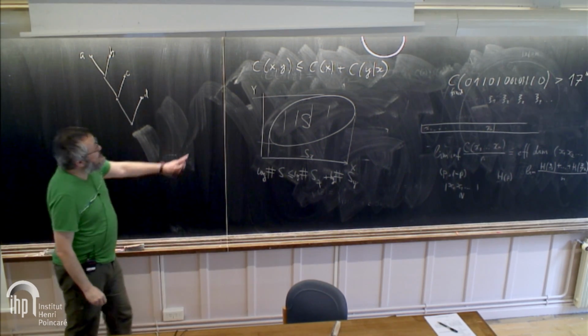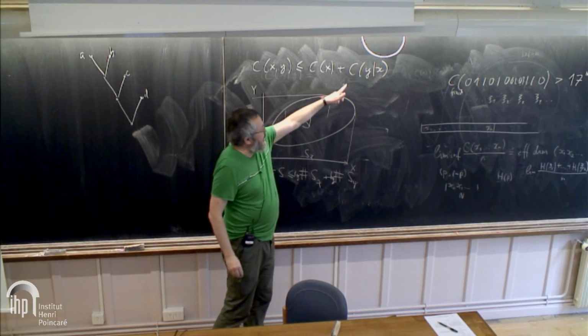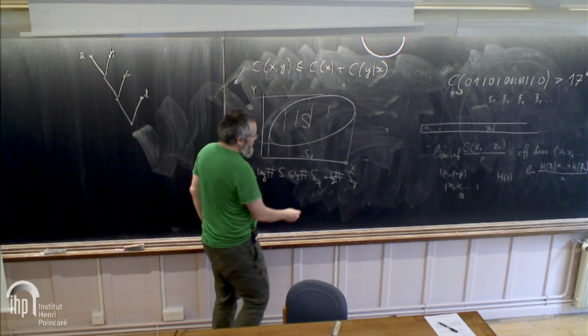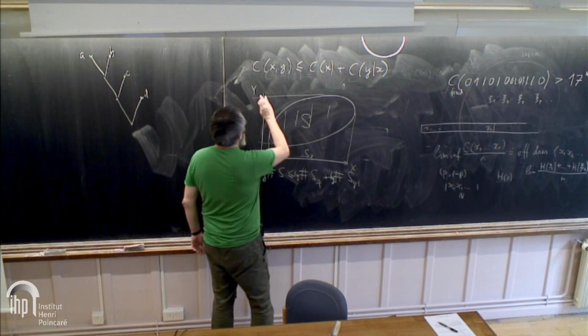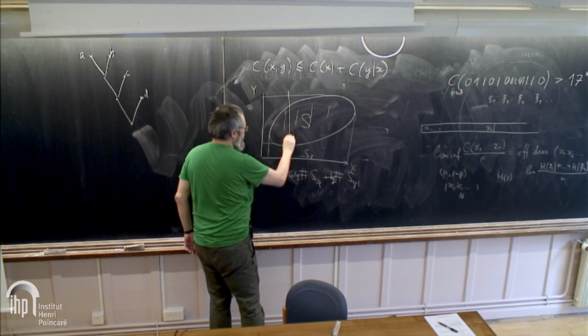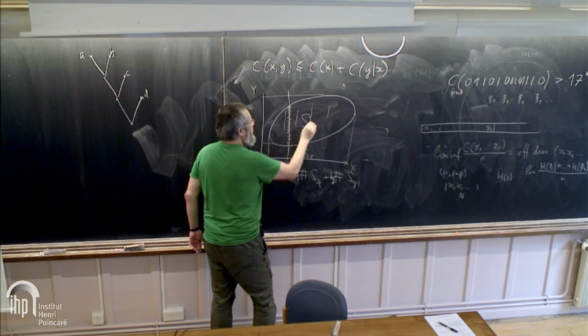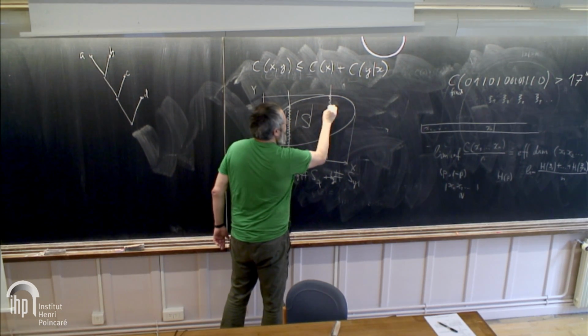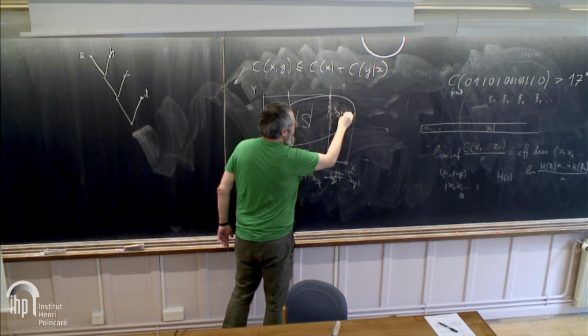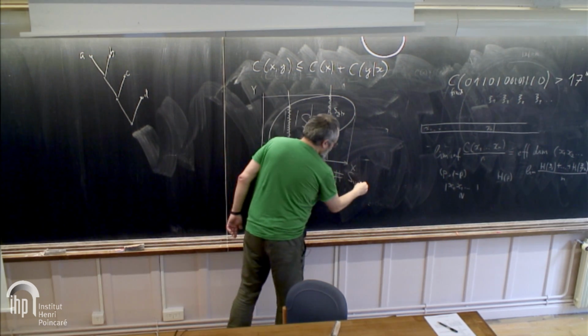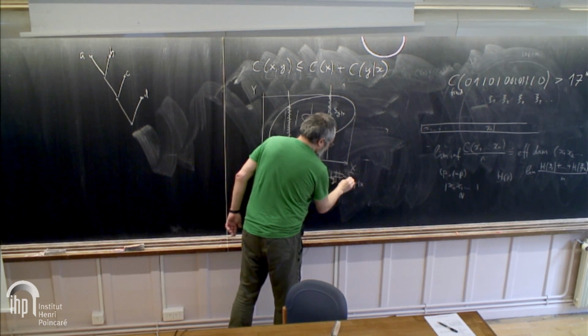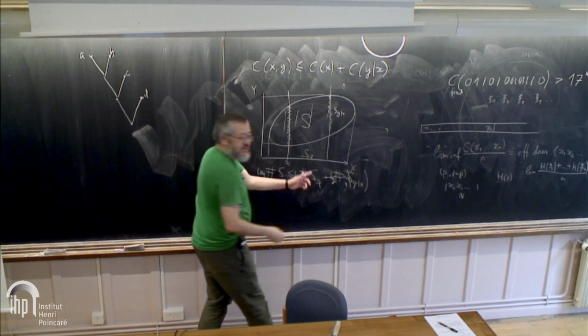And the second inequality, with conditional entropy, means that you consider not the projection but the sections. So for every x, you can consider a section, y given x. And then you can take the maximum over x of the size of this section.